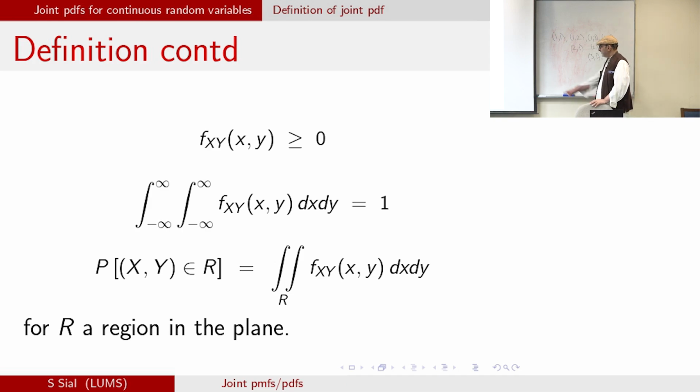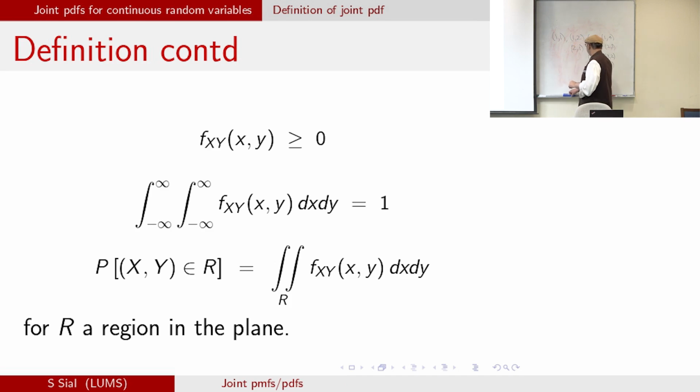The probability that x and y take values within a region: remember before, with a single PDF of a single random variable, the probability that x lies between a and b is given by integrating from x equals a to x equals b. You're integrating over a region in 1 dimension.